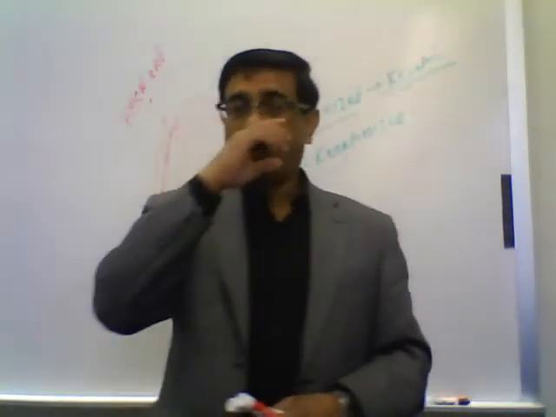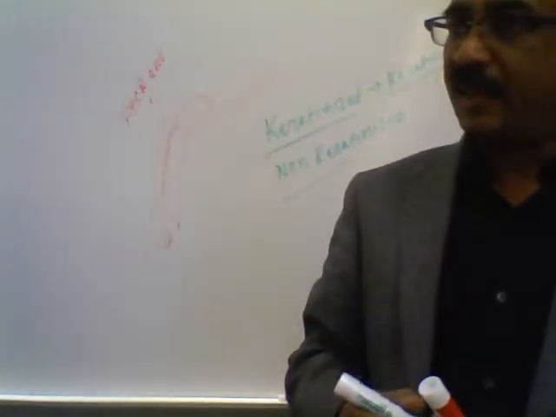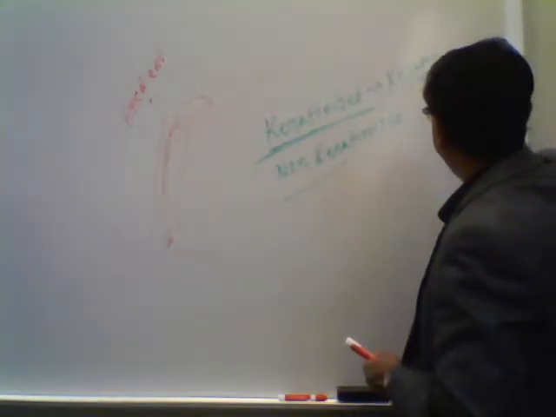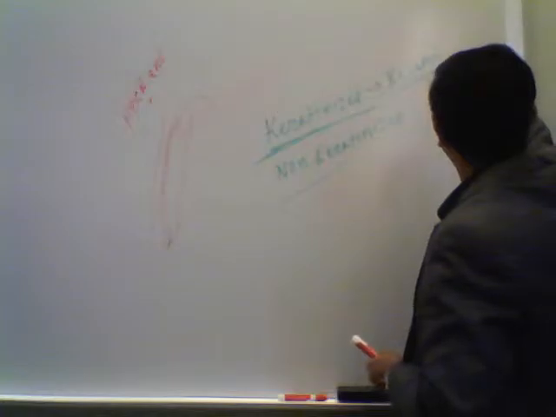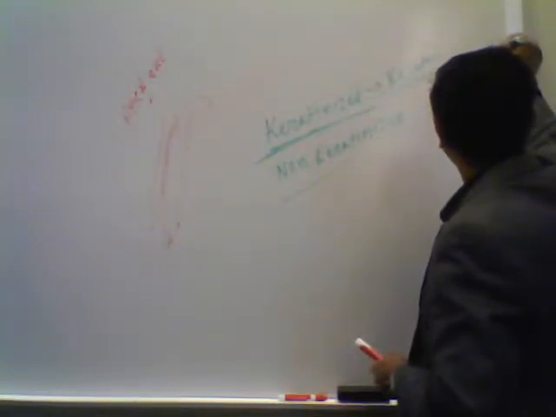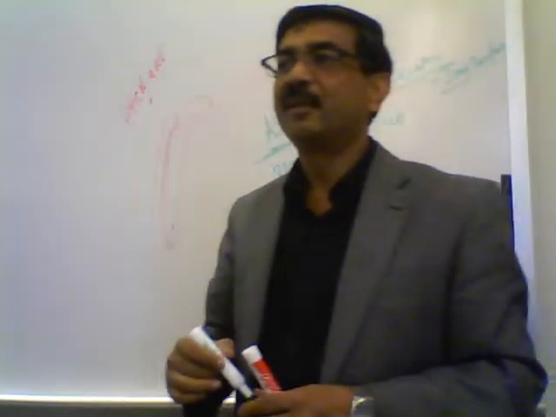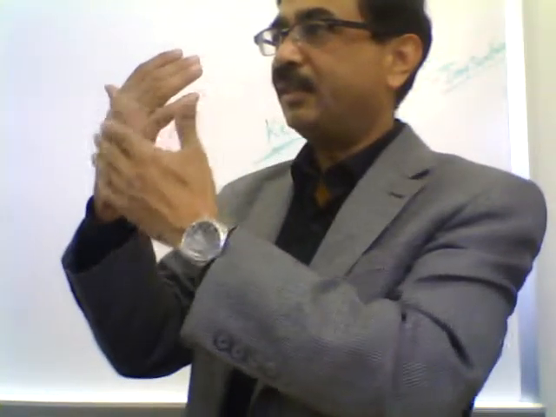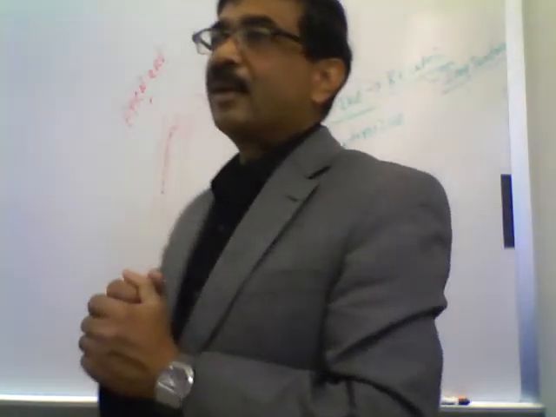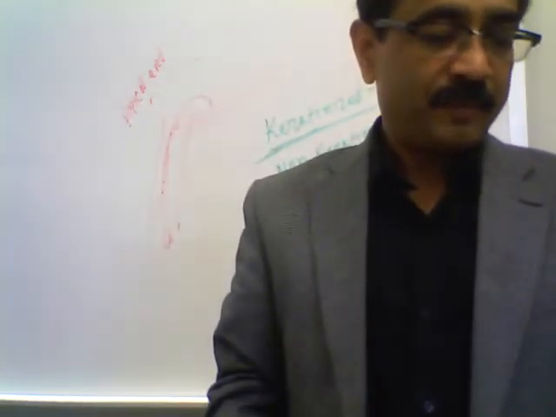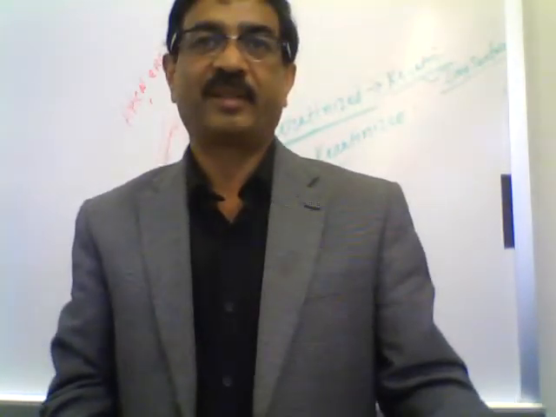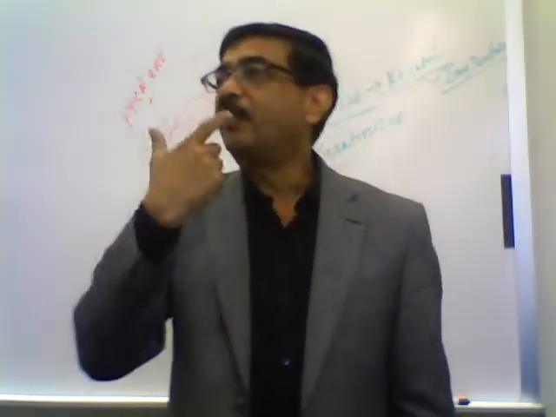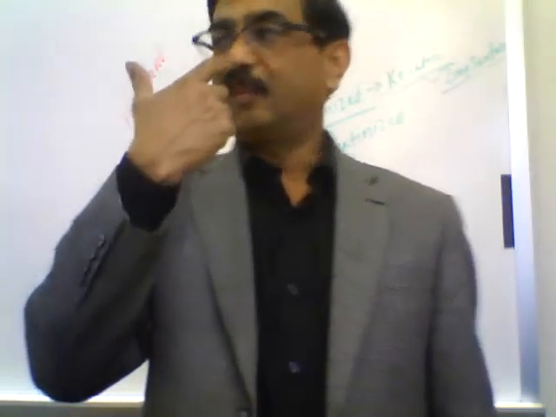Now, where will you find the keratinized type? Keratinized stratified squamous you will find on dry surfaces. Dry surface. So you know that your skin is a dry surface, right? Non-keratinized are found in moist surfaces, wet surfaces. For example, inside your mouth, it is wet, right?